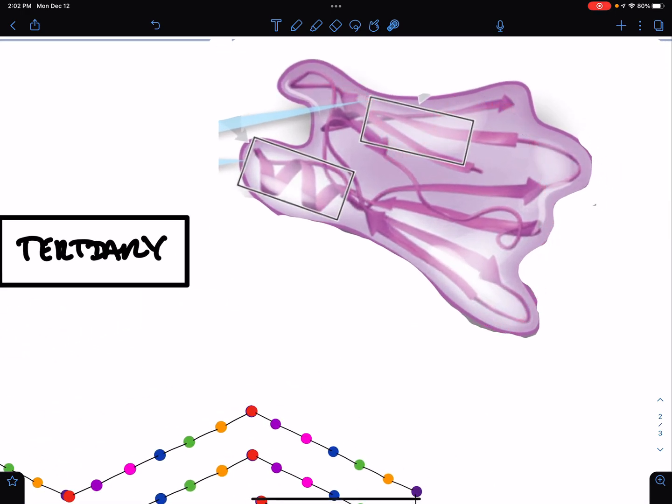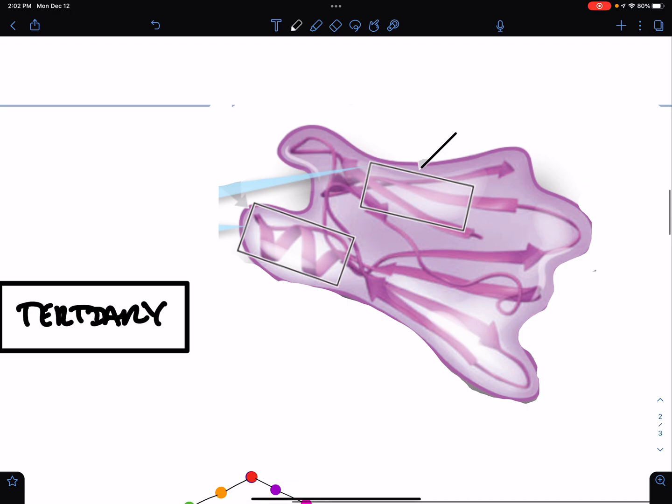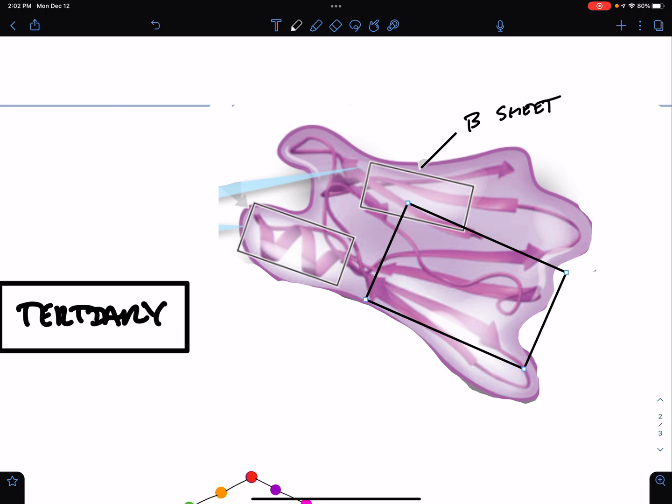So you'll see this structure has a beta sheet right here. So this is a beta sheet. But this is also a beta sheet here. And this is an alpha helix.